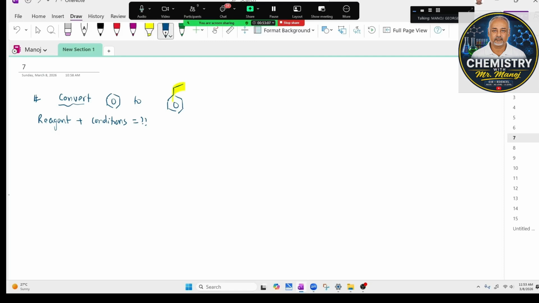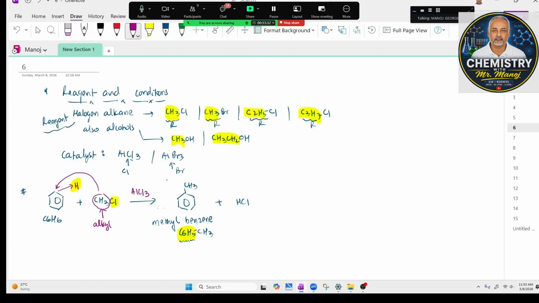Could you first of all tell me what's the name of this compound which I drew here? And could you tell me the formula of this compound? That is C6H5. I'm going to be explaining the mechanism in a short while, and then you will come to know the role of AlCl3.